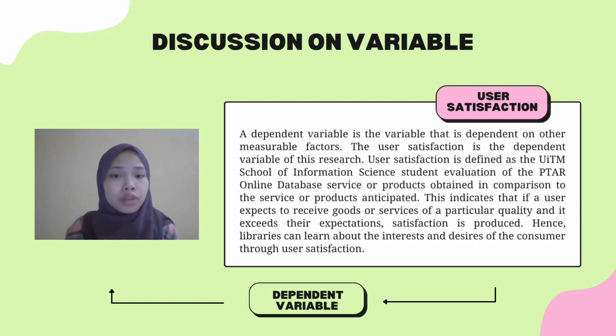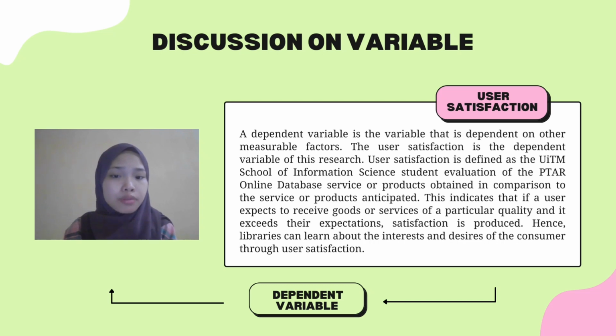Let's start first with the dependent variable. Referring to Neil J. Salkind 2010, a dependent variable is the variable that is dependent on other measurable factors. Collins 2023 defined a user as an individual or object that makes use of anything, such as a device.